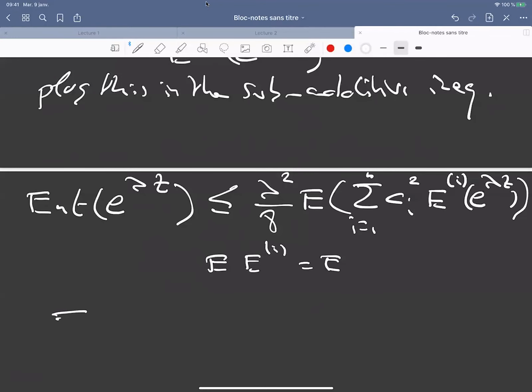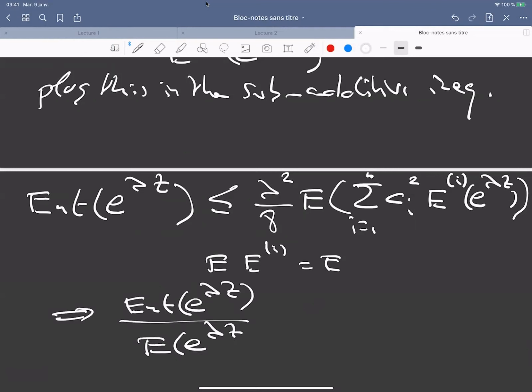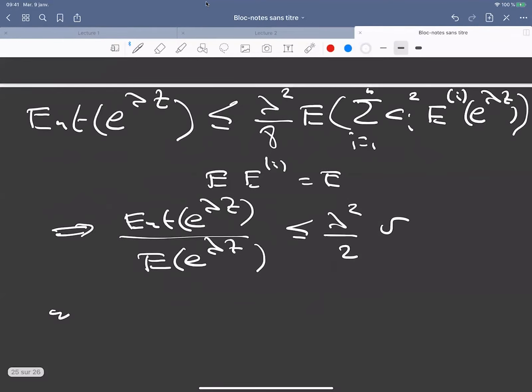And you discover that the ratio between the entropy and the moment generating function is controlled by lambda square over 2 times v, with v equal to the sum of the Ci square over 4.